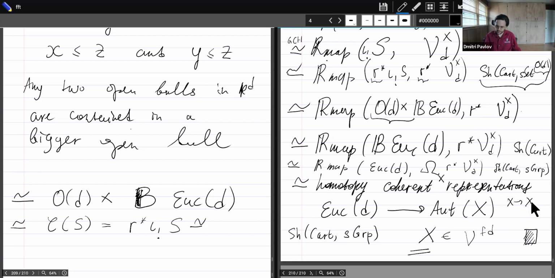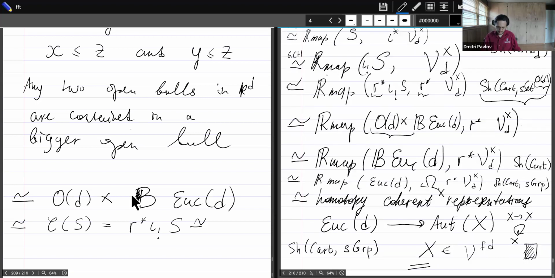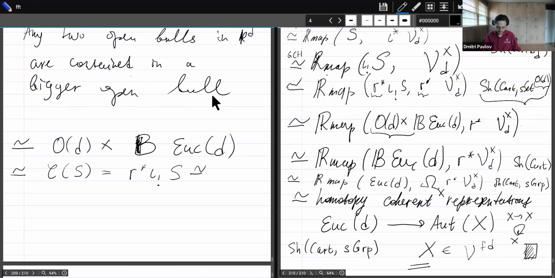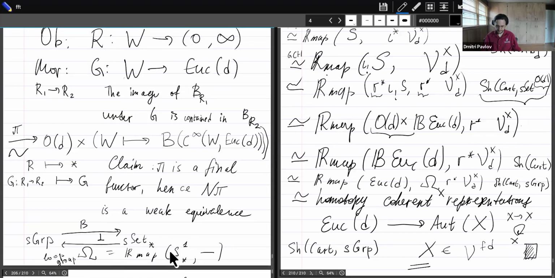In the nerve, it will be a one simplex whose endpoints are both the vertex X. And this one simplex is another name for a loop, right? That we wrote down somewhere. Here, yeah. So loops in the nerve of an infinity groupoid based at the point corresponding to an object X precisely computes the infinity group of automorphisms of X.